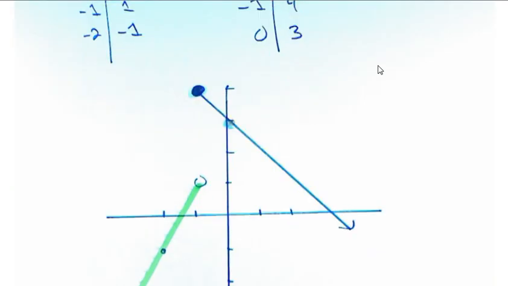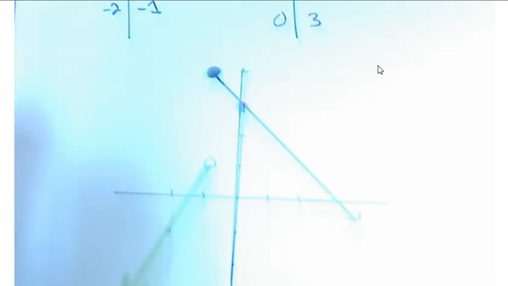Anything else on problem number 38? Let's reverse engineer one. It's going to be problem number 50 in your book. So I'll put that up here. It's on page 168.